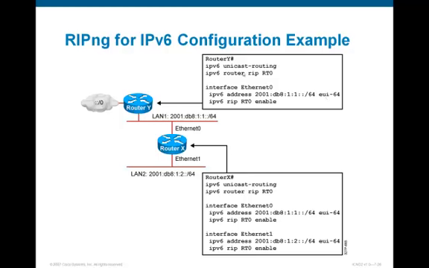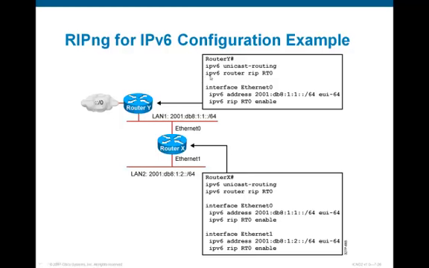Now, after the IPv6 address has been enabled on the respective interfaces, we can enable IPv6 routing. So in this example, we are doing IPv6 RIPng to allow router X and router Y to exchange IPv6 routing information.